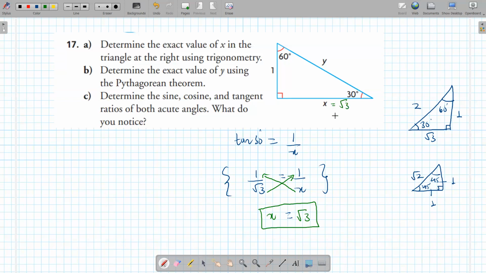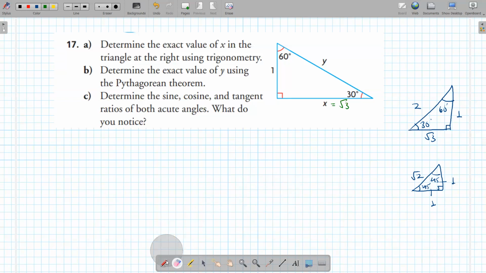All right. Part B, it says determine the exact value of y using the Pythagoras theorem. Okay, we know the bottom part is root 3. How do we find y?